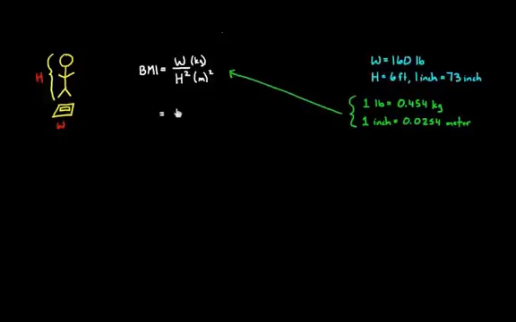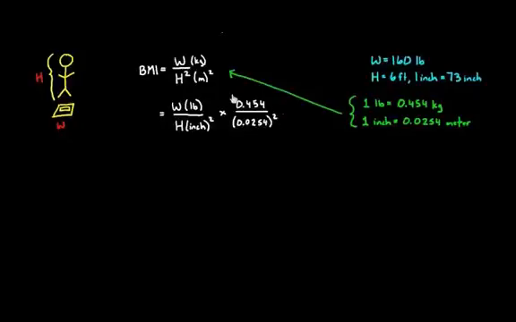So I could say, okay, well now how about weight in pounds and height in inches squared, and I have to multiply by the conversion. And so I'll multiply by 0.454 divided by 0.0254 squared.